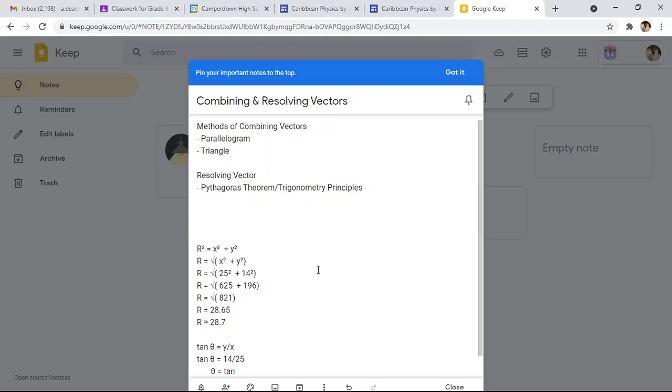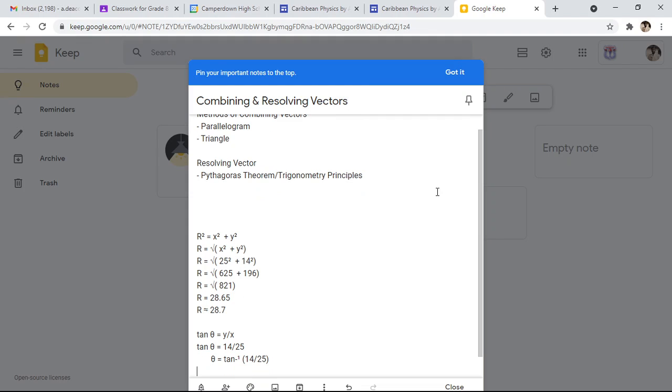Let me see if I can put in the 1 and get the negative, tan to the negative 1, of 14 divided by 25. You go ahead and put that in your calculator now.